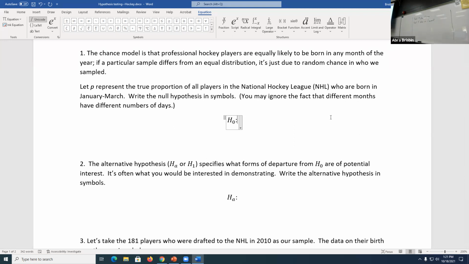All right. So for problem 1, we want to set up in symbols what the chance model is. So if there really is no difference among different months about how likely a professional hockey player is to be born in that month, then what would we expect for the value of P, the proportion of all NHL players who are born in January through March?